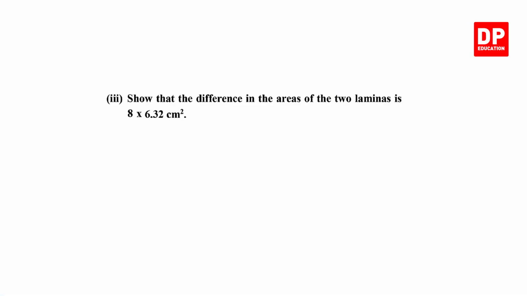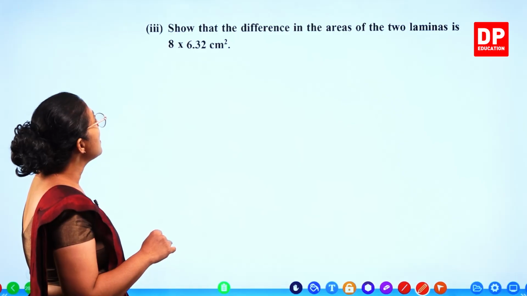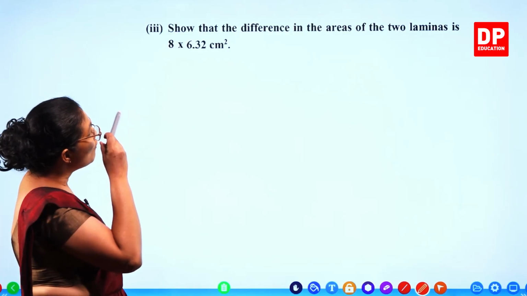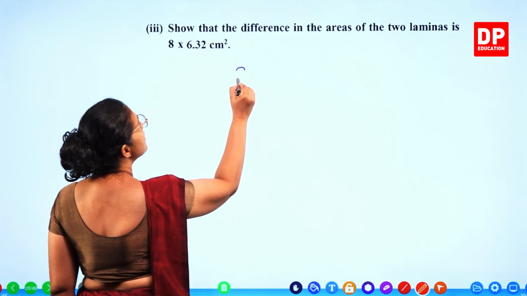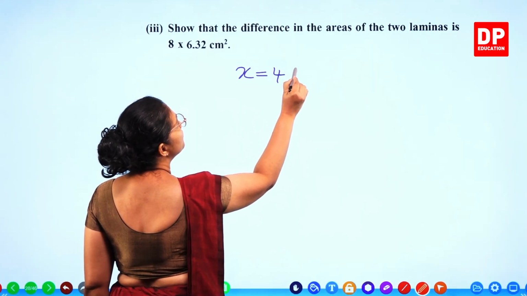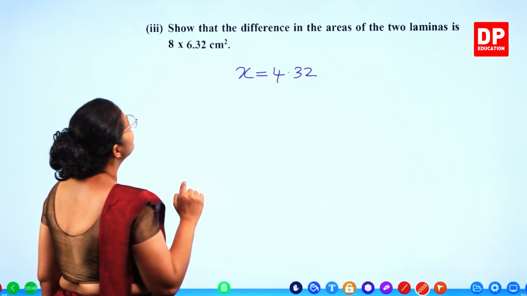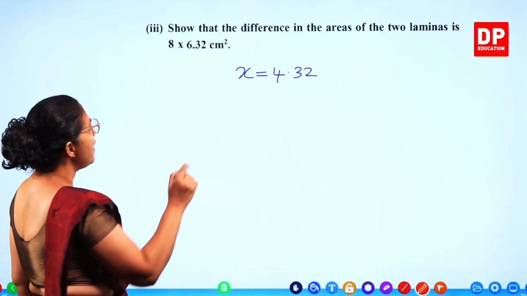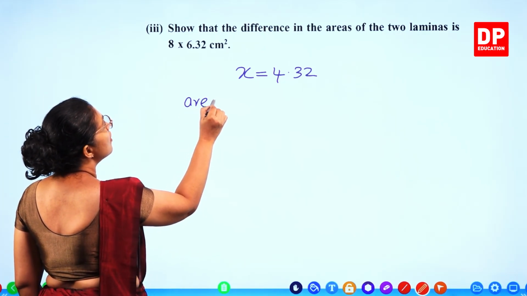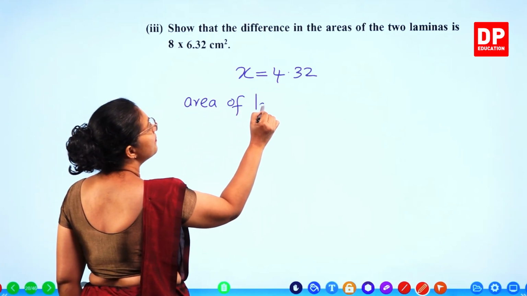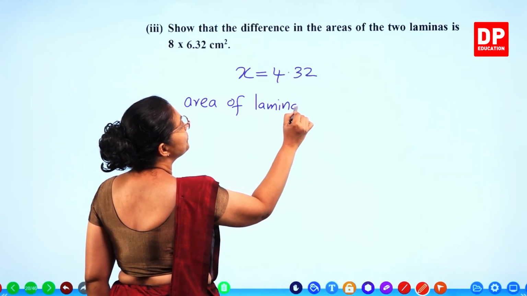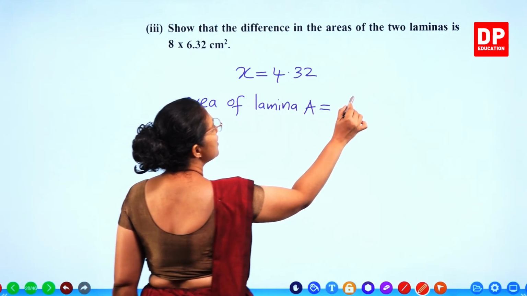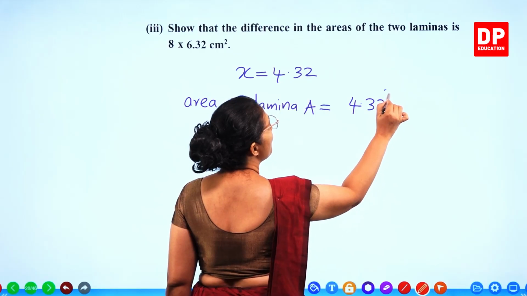Part 3: show that the difference in the areas of the 2 laminas is 8 times 6.32. So we found x is 4.32. So what's the area of lamina A? X squared. That means 4.32 squared.